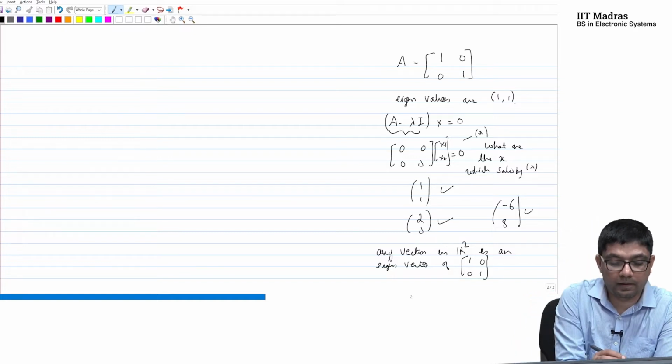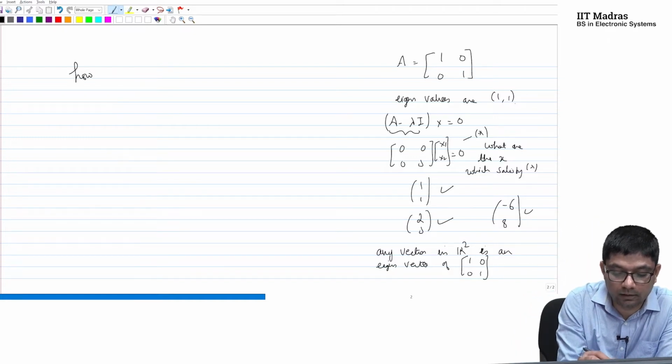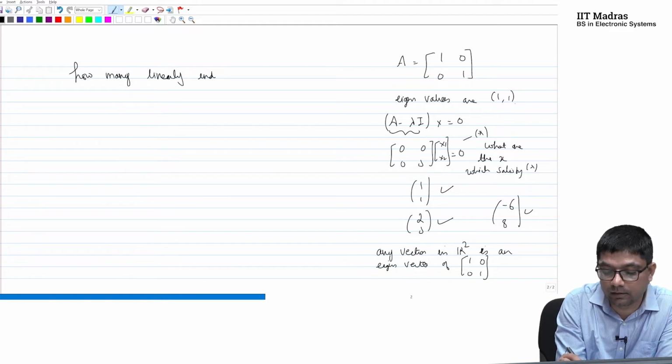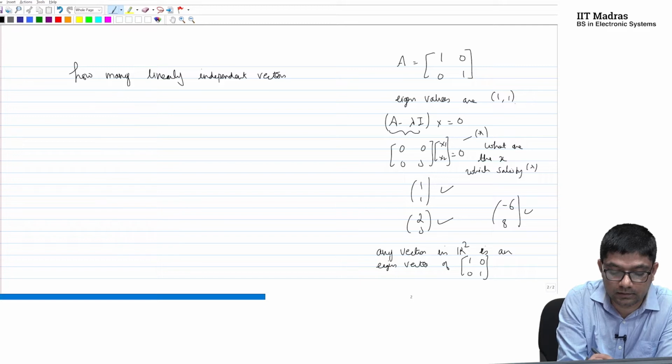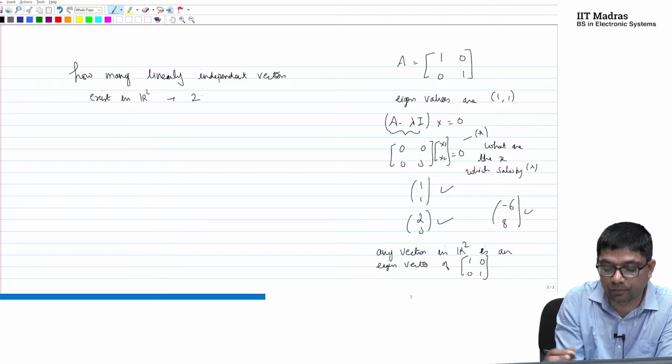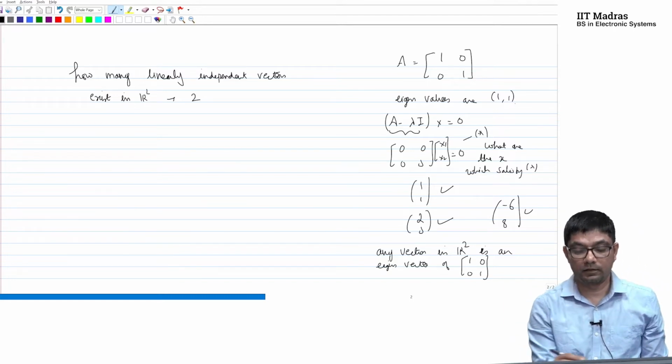And then I'll ask myself how many linearly independent vectors exist in R2? The answer is 2. So I can find 2.